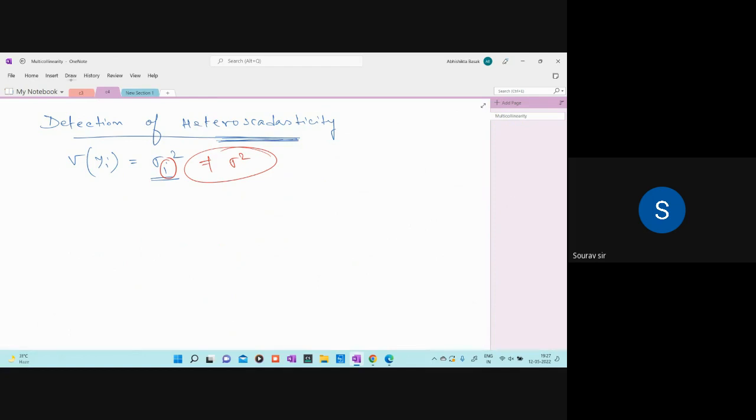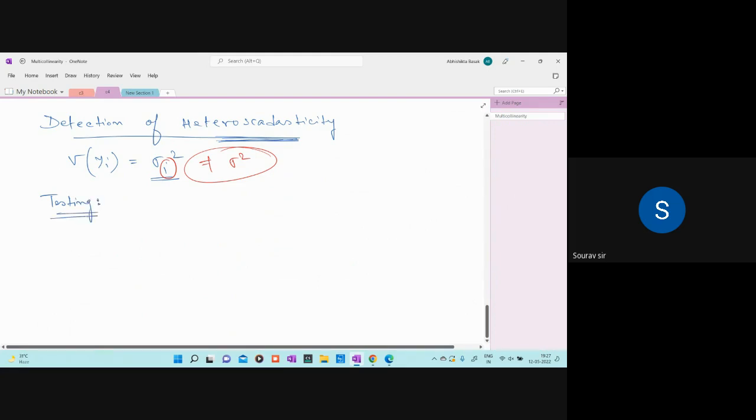Then we say that heteroskedasticity is present in my data set. Then we need to test whether these variances are equal or not.